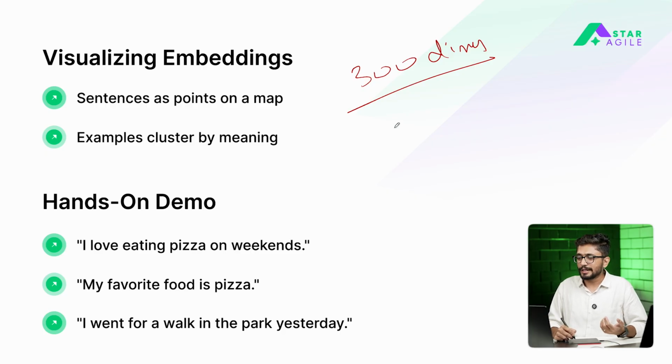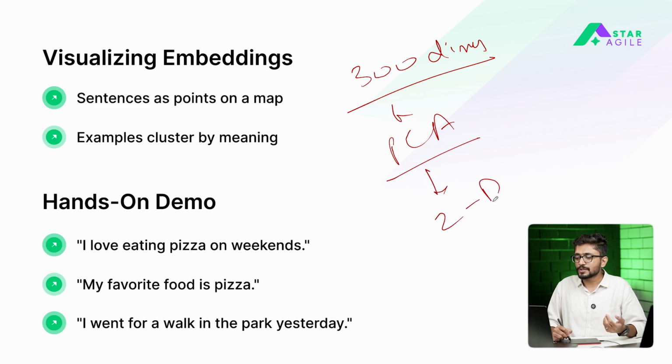We are going to use a technique known as principal component analysis, or PCA for short, which is going to take this 300 dimensional vector or more and compress it down to just a 2-dimensional vector. This compression algorithm is very popular in machine learning, and it allows you to compress data from a higher dimensionality into a lower dimensionality while preserving as much information as possible.